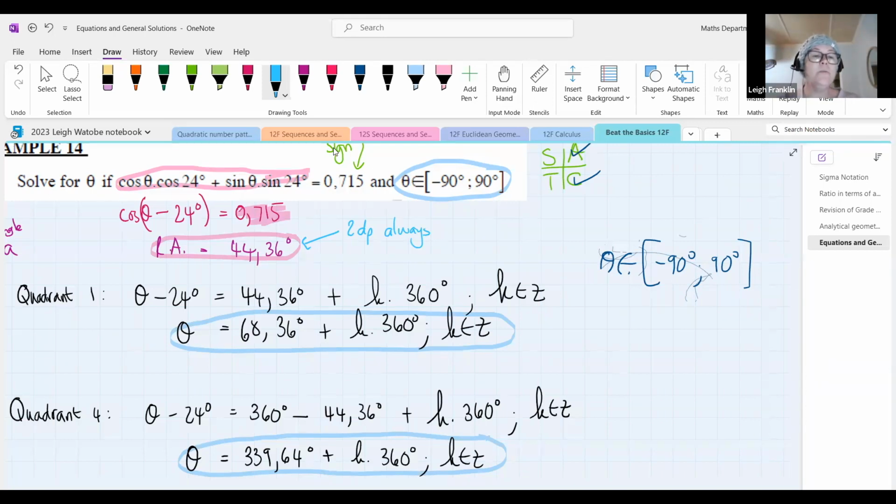Your decimal places are not going to change when you add 24 to 44.36. You're still going to have your 0.36. Over here as well, can you see our decimal places didn't change when we said 360 minus? There's no decimals here. So it's fine to round it to 2 decimal places in the beginning when you find your PAA or your RA.